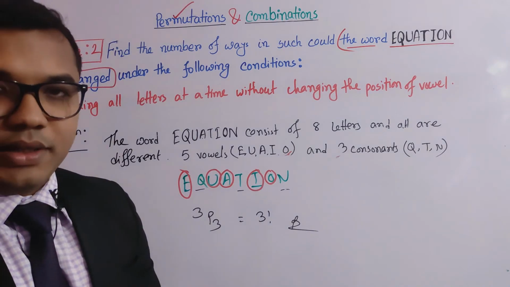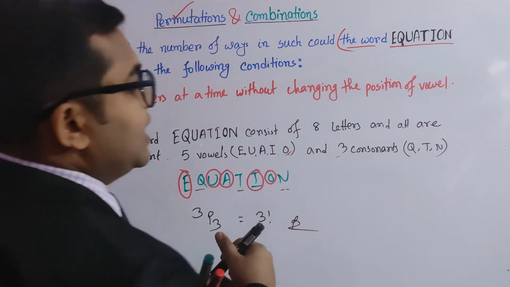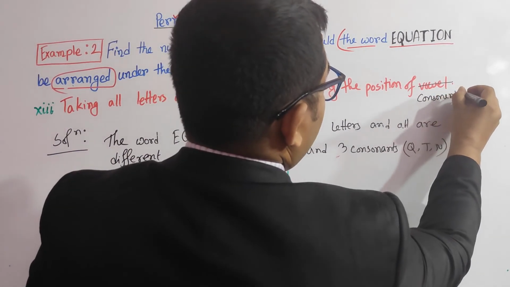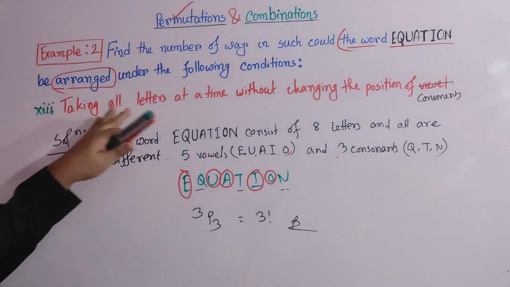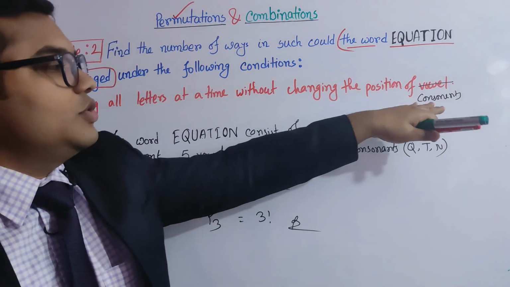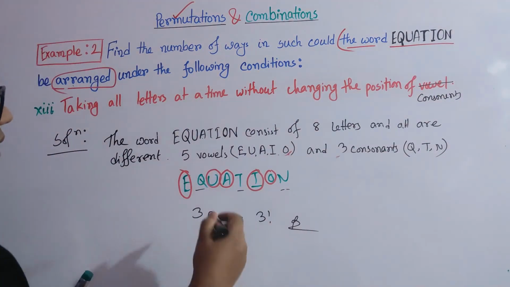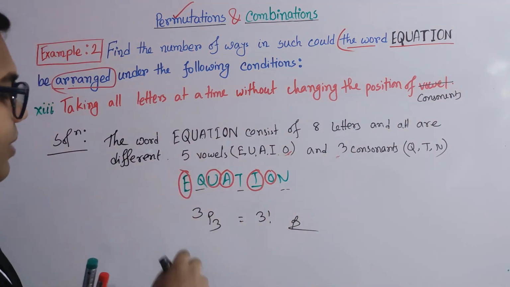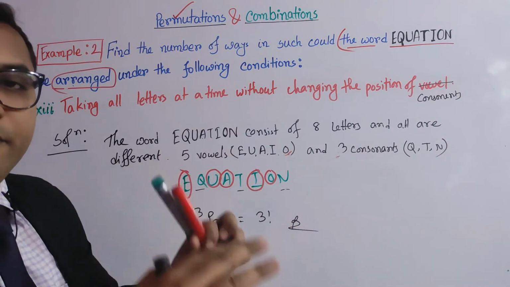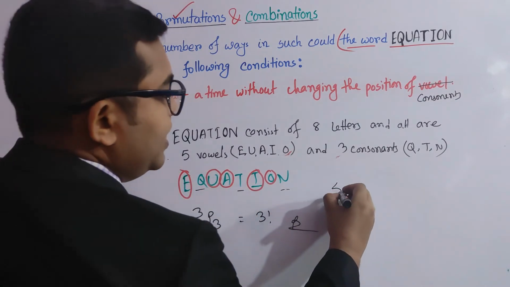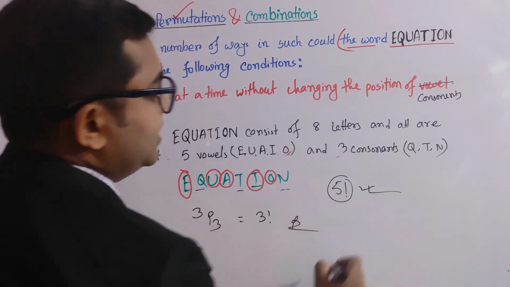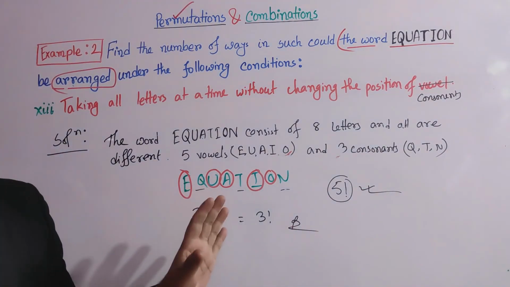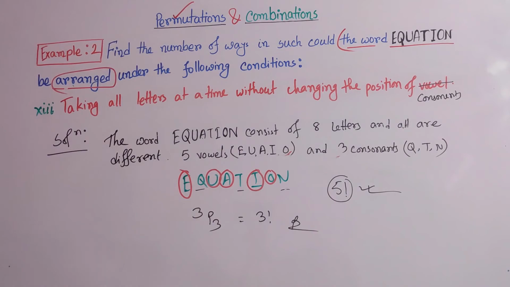Similarly, if the question says without changing the position of the consonants, then Q, T, N stay fixed, but the vowels can change in 5 factorial ways. So our answer is exactly 5 factorial. I think you can understand number 13.